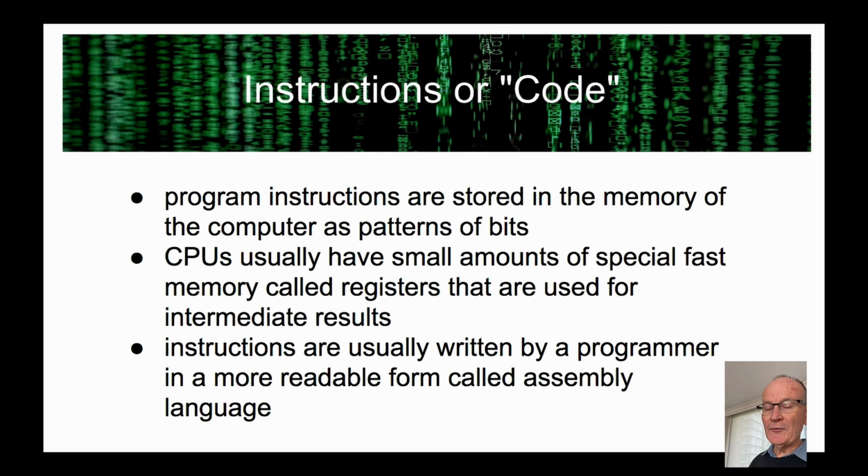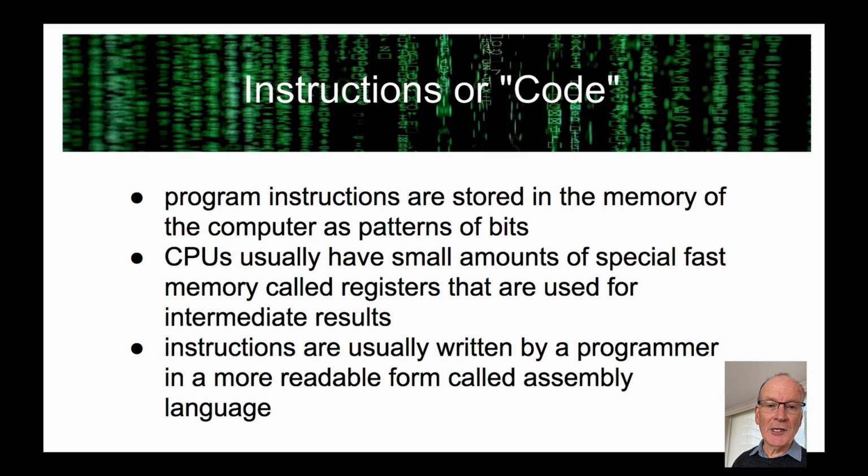So just to finish off, this unit is all about instruction codes, and the idea being that you can take instructions and encode them as bit patterns, just like we did with numbers and characters, and store them in the main memory of the computer.